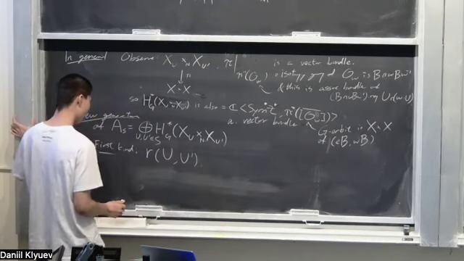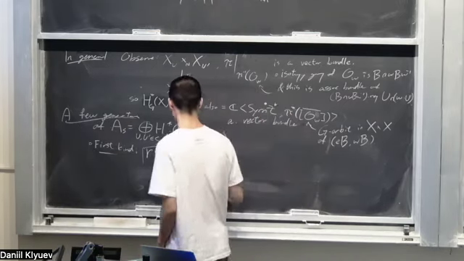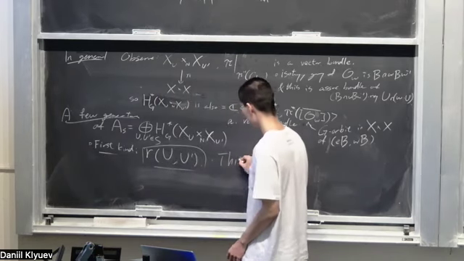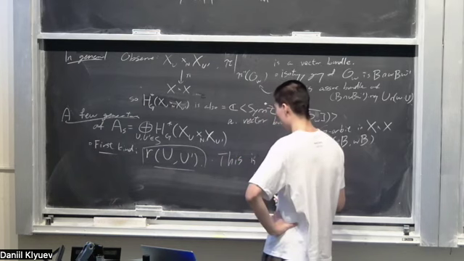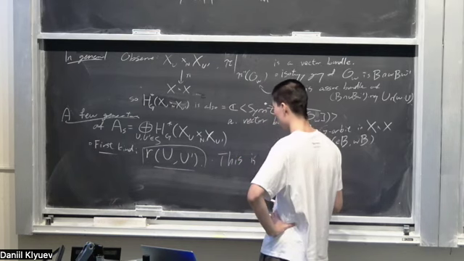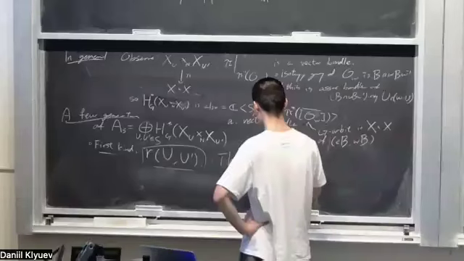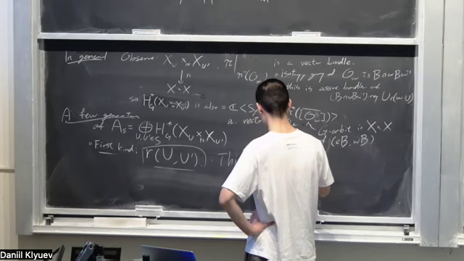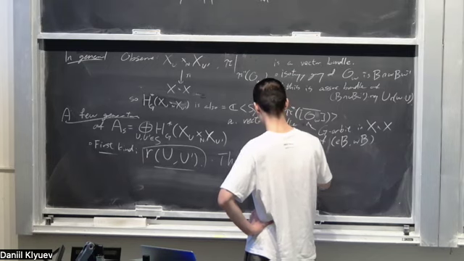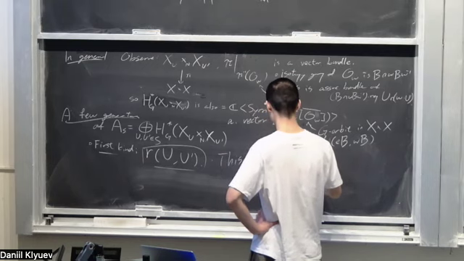So what is this? I think this is the class of pi inverse of O sub E, which is equal to the diagonal in flag times flag.